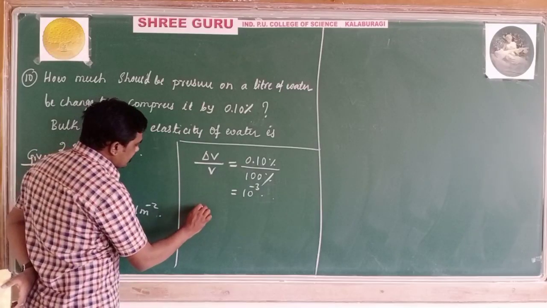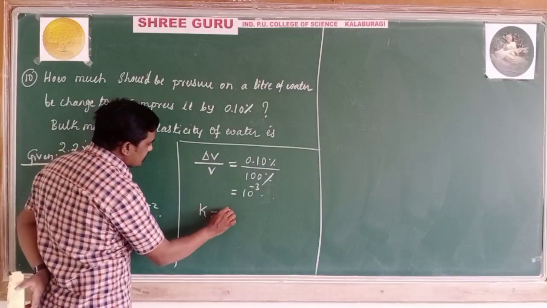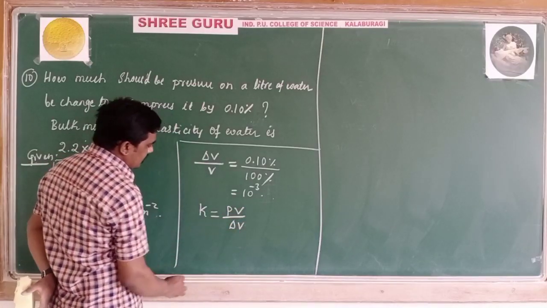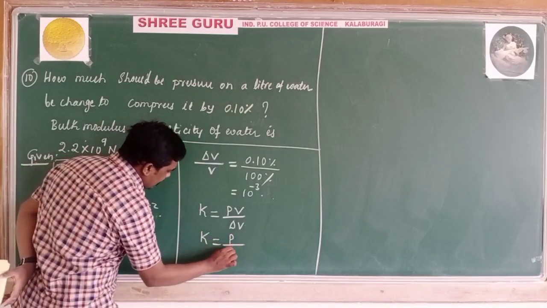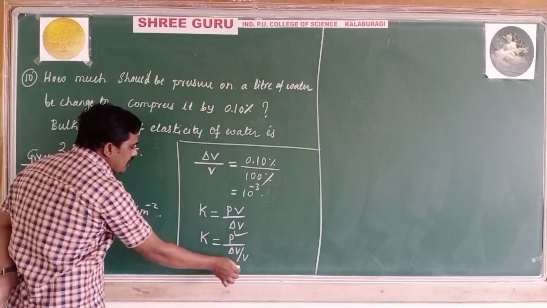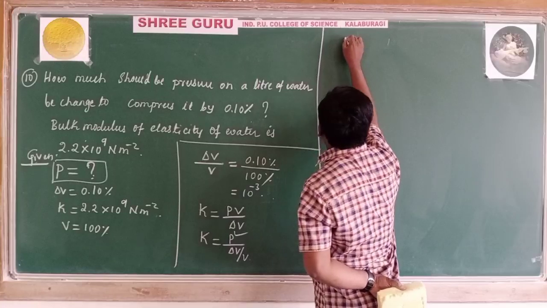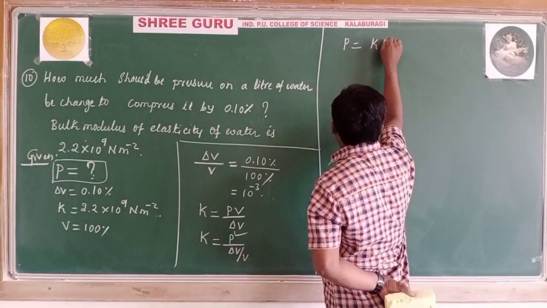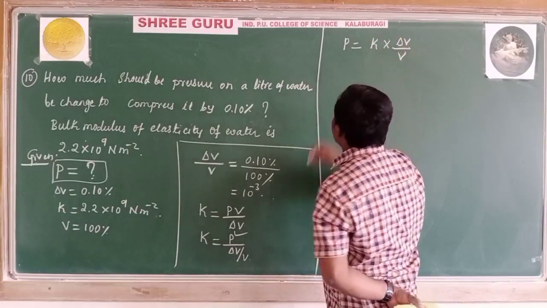Okay, what is the general formula? Modulus of elasticity K equals PV by delta V, or we can also write K equals P by delta V by V. We want P, send this side, pressure P equals K into change in volume with respect to original volume.